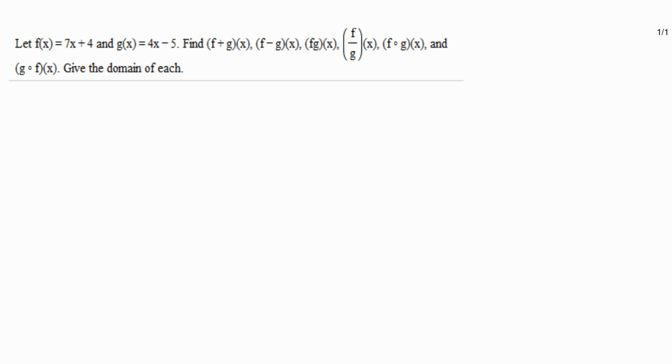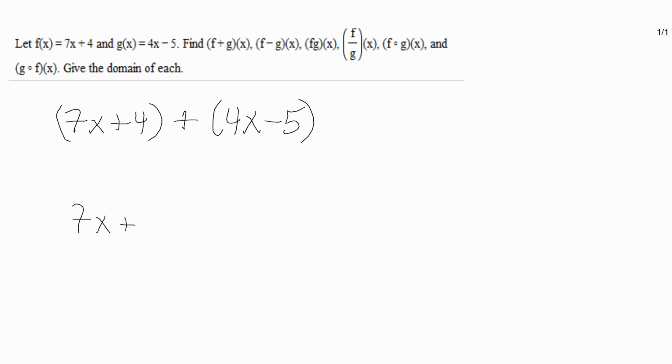If you take this guy and you just write 7x plus 4 plus 4x minus 5, that's what you did in pre-algebra. And then 7x plus 4 minus 4x minus 5, that's your subtraction.